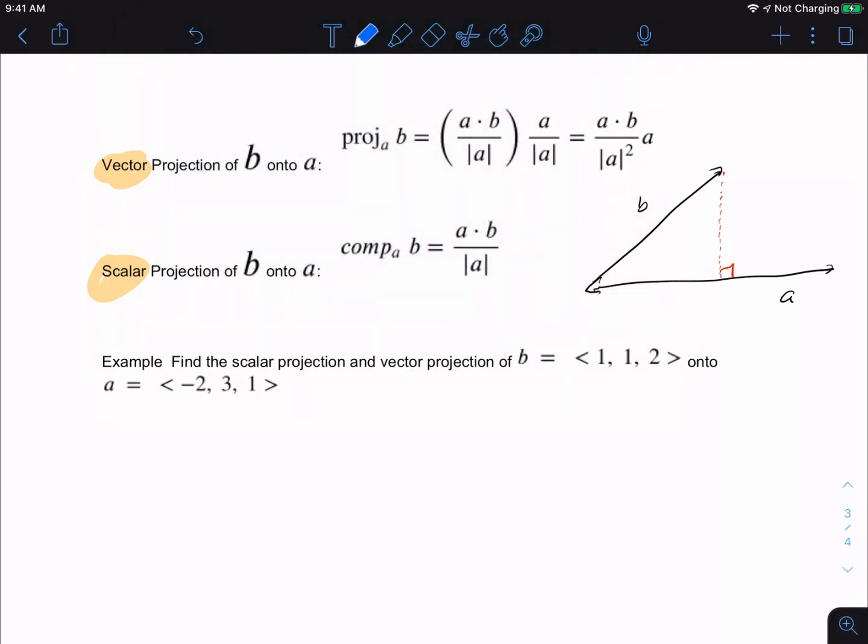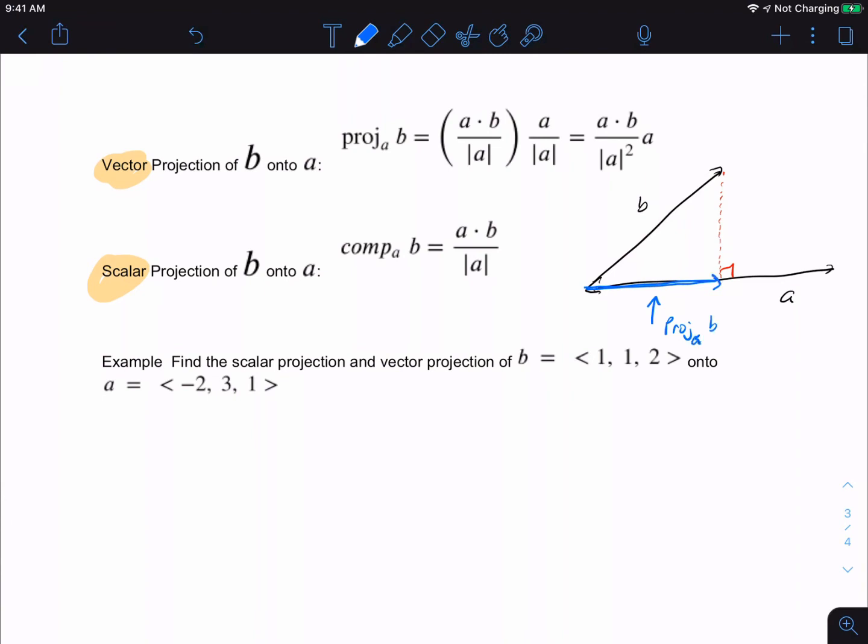Part of vector A is this vector from A to the perpendicular end terminal point of B. That blue vector there is the projection vector of B onto A. So this is the projection of B onto A.